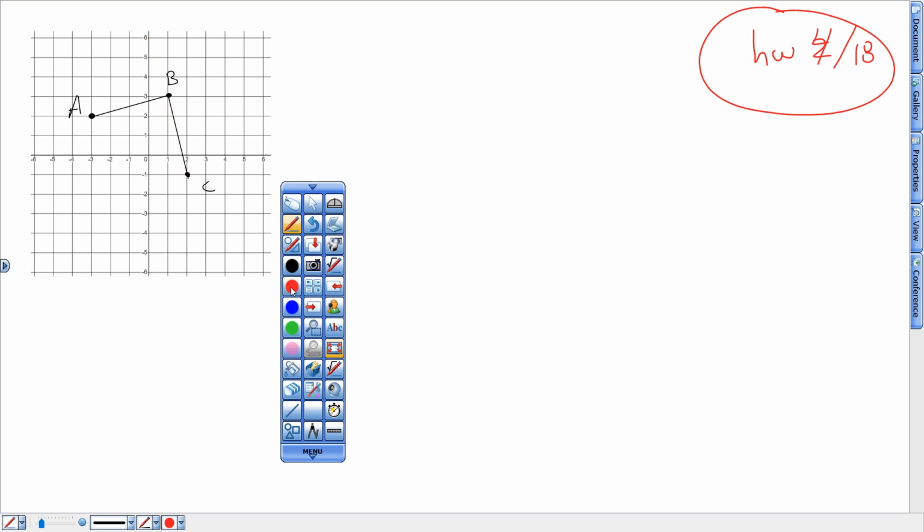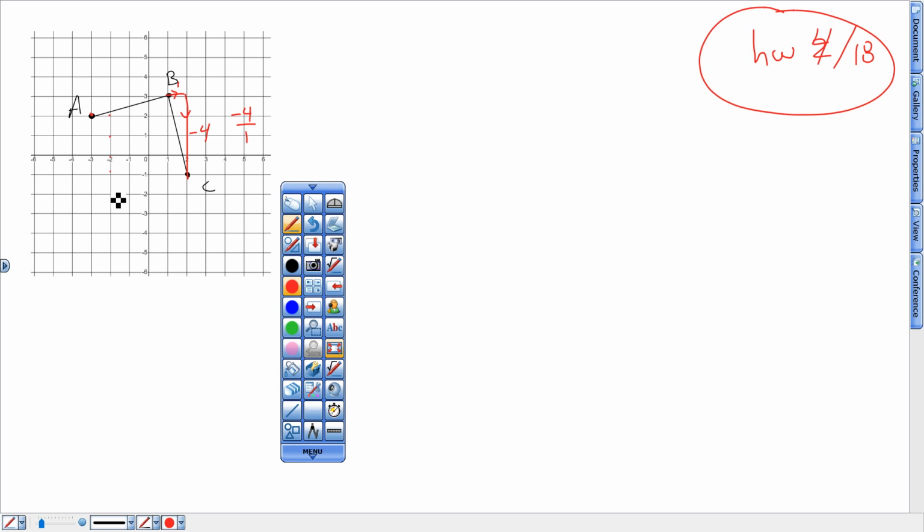If I look between B and C, that is going right 1, down 4. That is a slope of -4/1. Right 1, down 4. That means for my new D point from A, I'm going to be reproducing that pattern. Right 1, down 4.